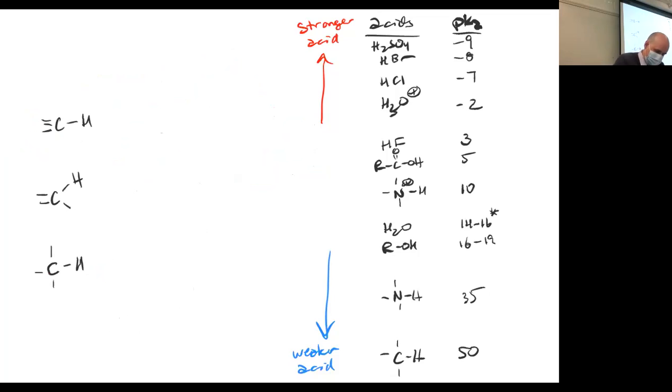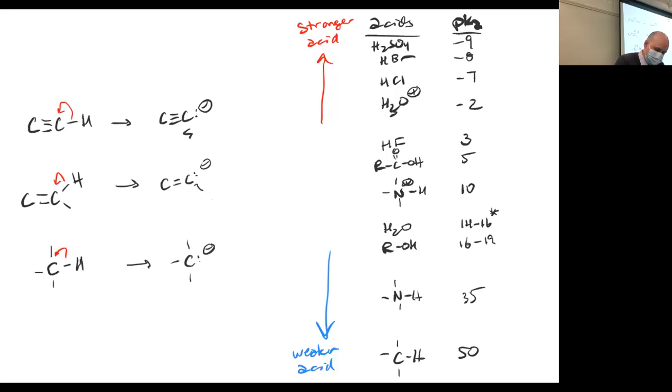So normally we're talking about an alkane versus an alkene versus an alkyne here, but we're looking at all of these guys taking electrons back from their hydrogen and becoming C minuses. So this would be an sp C minus, and this would be an sp2 C minus, and this one is sp3 C minus.